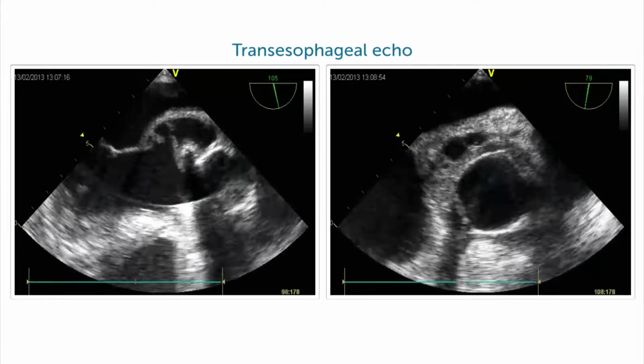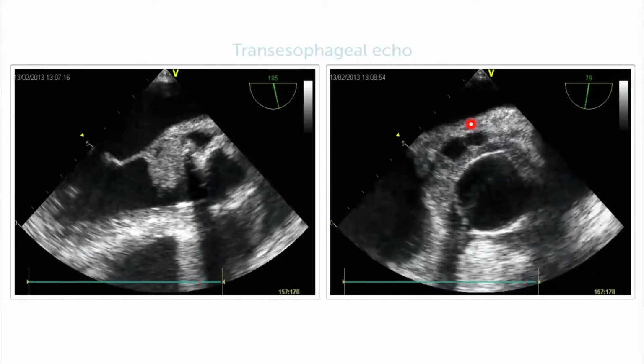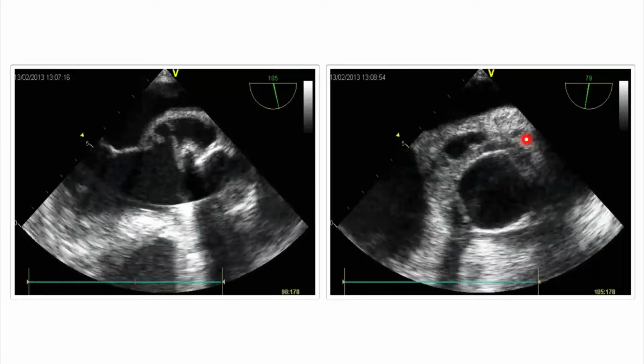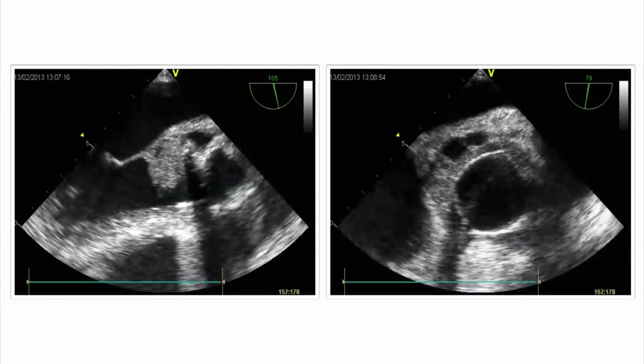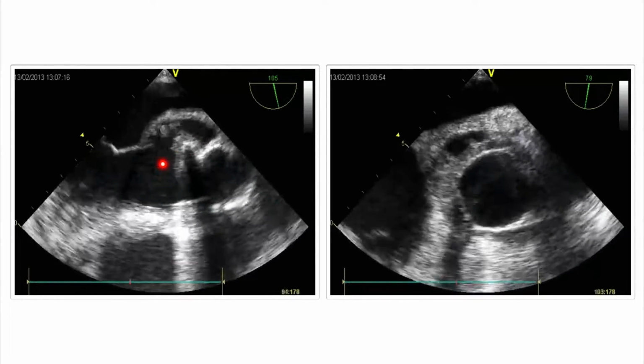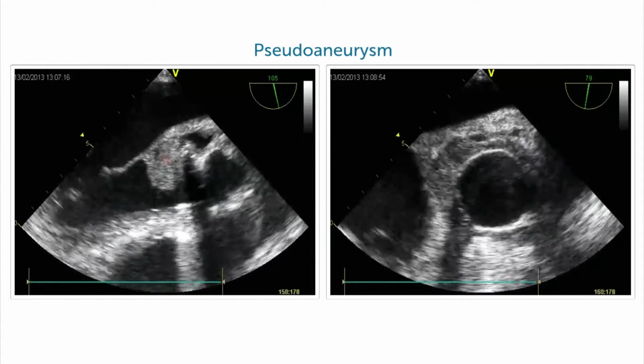Yes, we also performed a transesophageal study on him, and you can really see this abscess in the cross-section and in the long axis, respectively on the right and the left. And you see this vegetation going into the left ventricular outflow tract coming from a pseudoaneurysm, what we call.